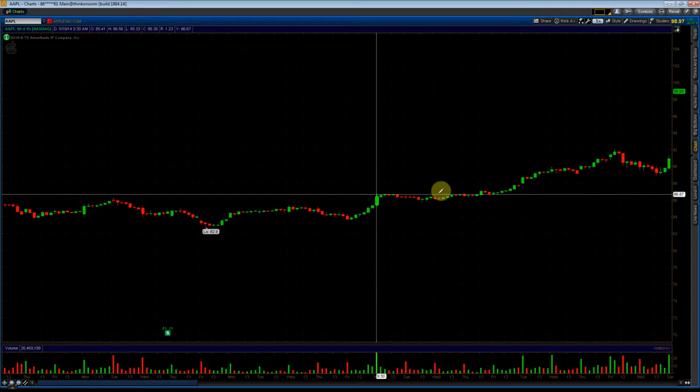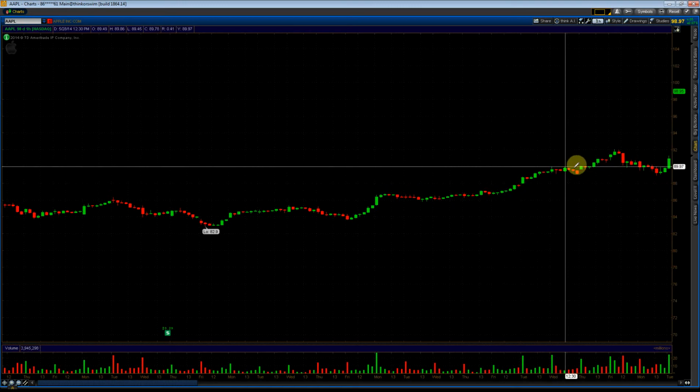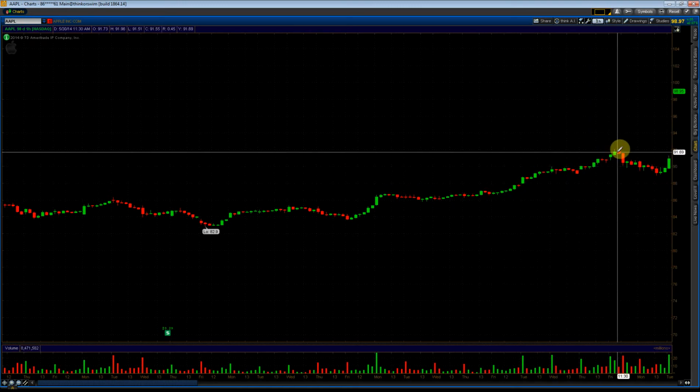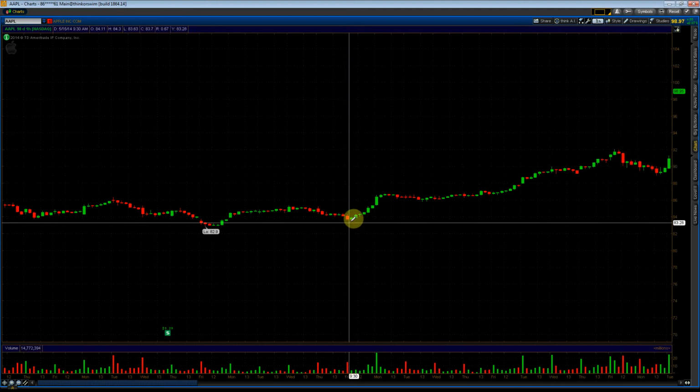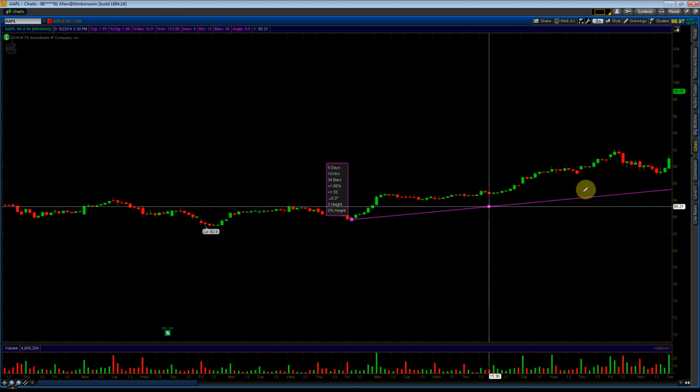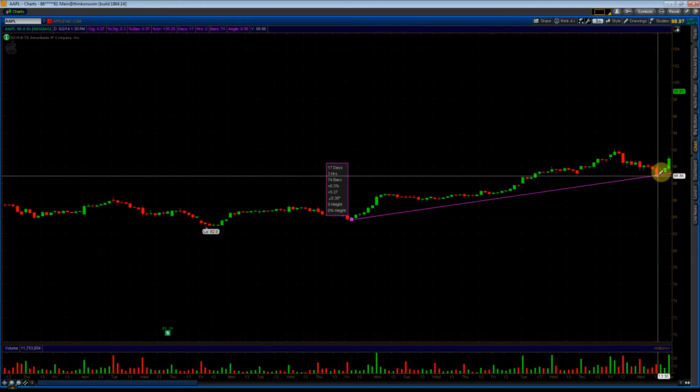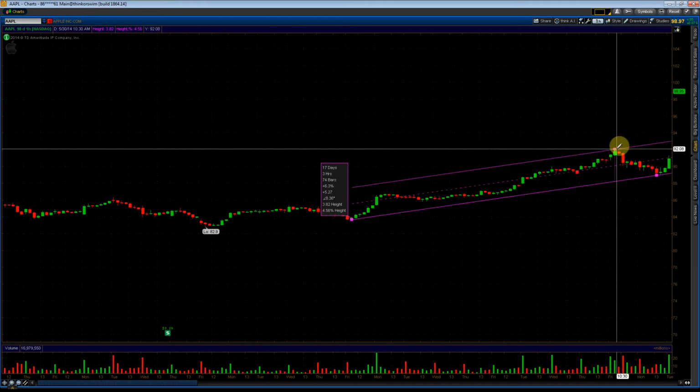We went up, we went sideways, we went up some more, sideways and up. That's all one visible up move. That's a visible down move. Do we maybe have a new channel here with a high point here?